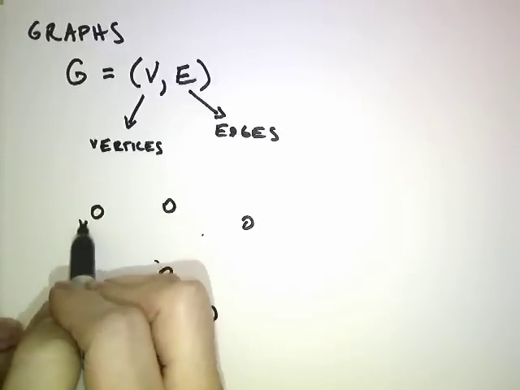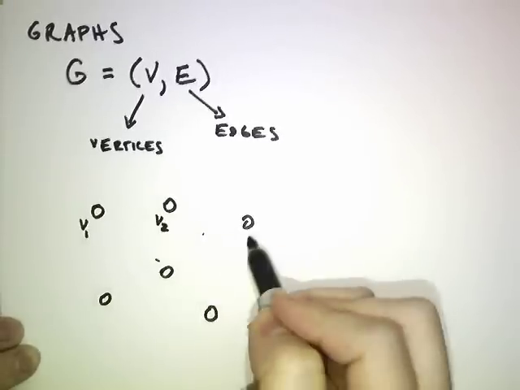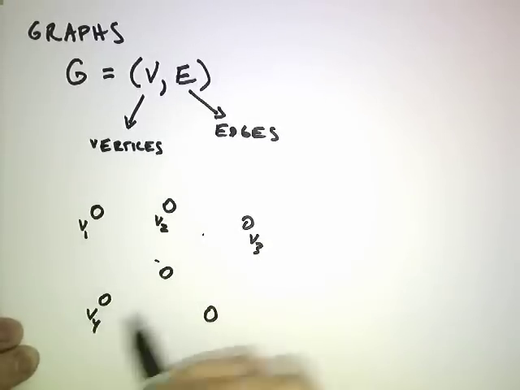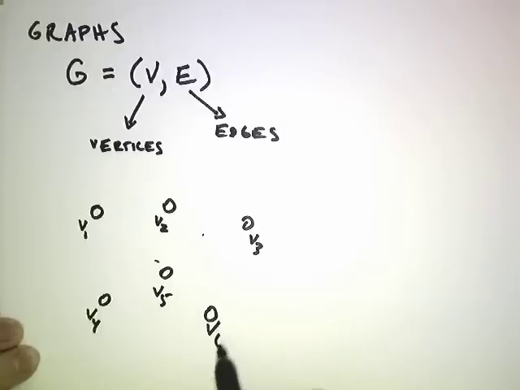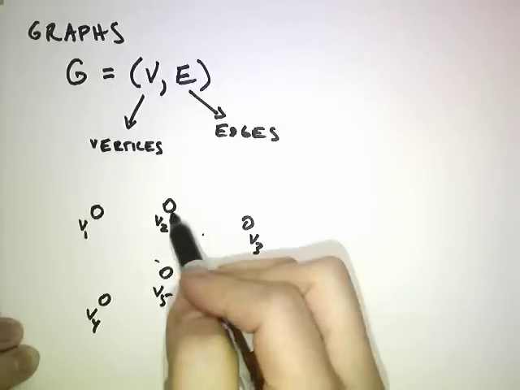I'll call this vertex 1, vertex 2, vertex 3, and so on and so forth. And then we'll throw in a few edges.